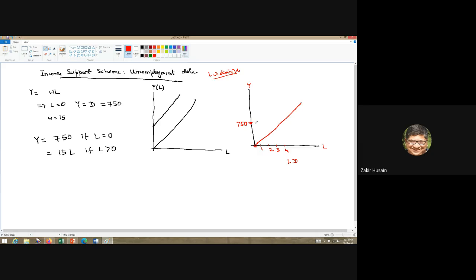Actually, the diagram is not correct, so don't look at this. Use this. What is the problem with this incentive scheme?